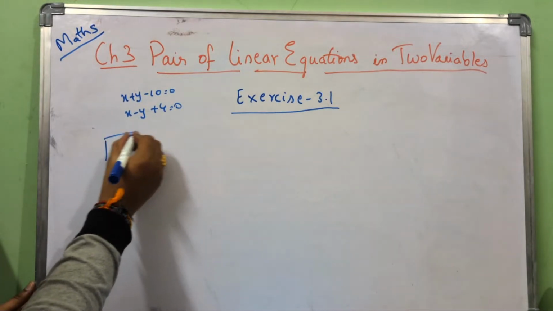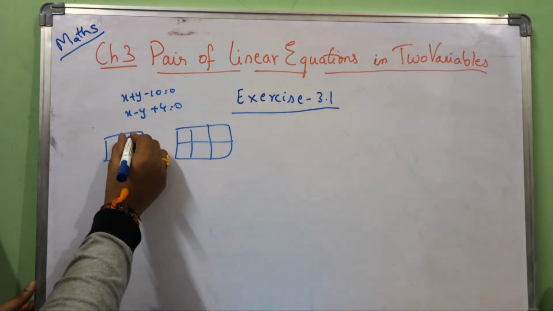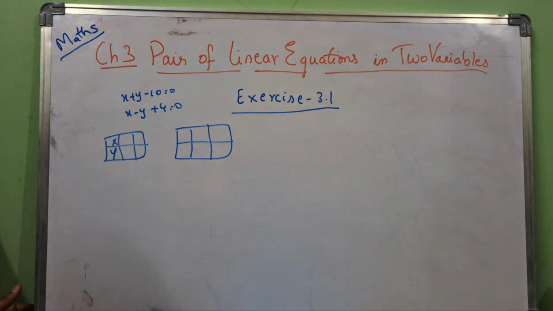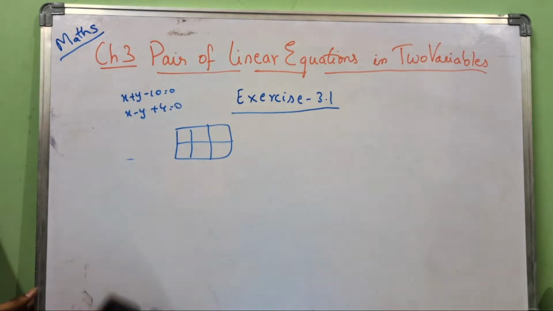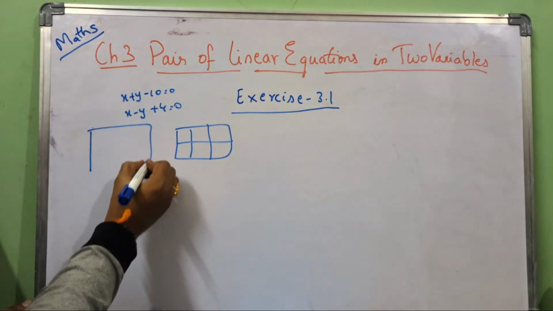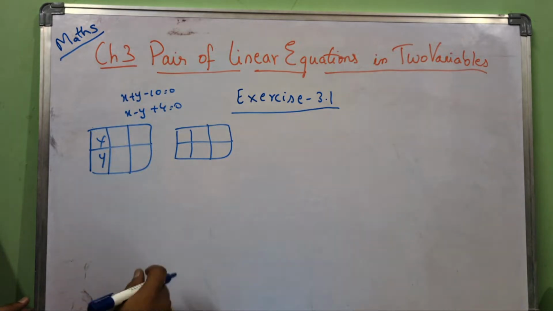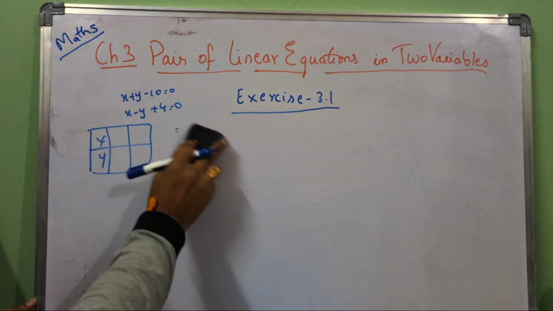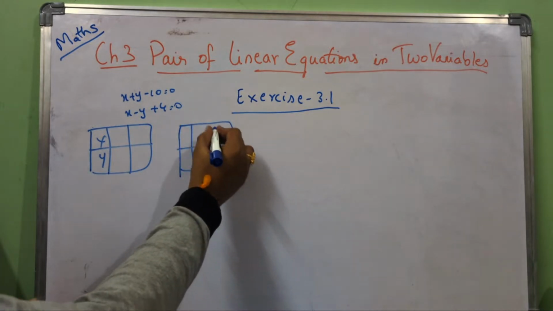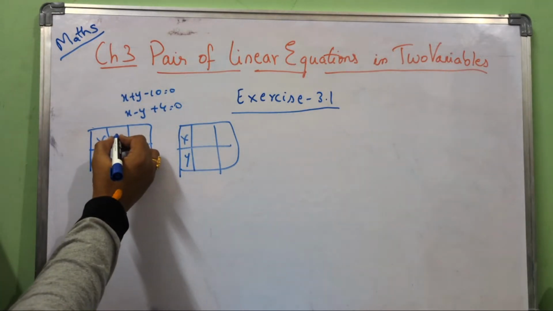First we need to get 2 points for both equations, using the same method.